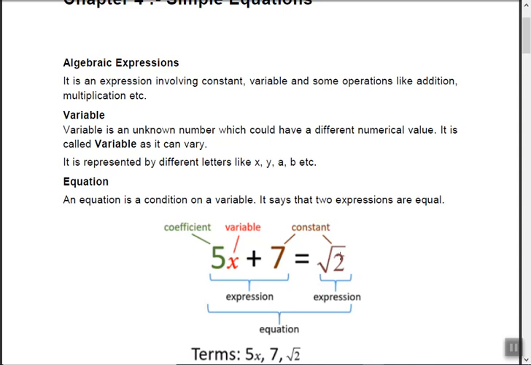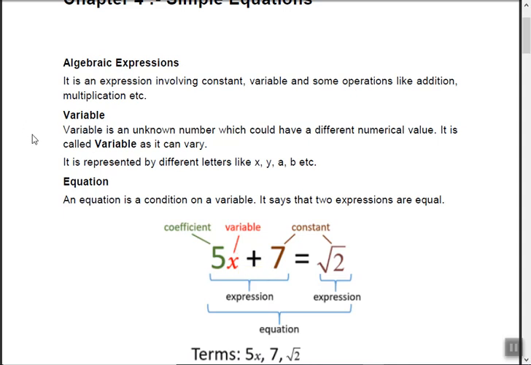But when you equate it to something, then x will have only one value, because the degree of x is 1. So when the variable is only in the expression, then x can have many values. But when the variable is in the equation, then x can have only one value. If the degree of x is 1, means it is x raised to 1 only, then only one value. If it is x raised to 2, then it will have two values, like that.